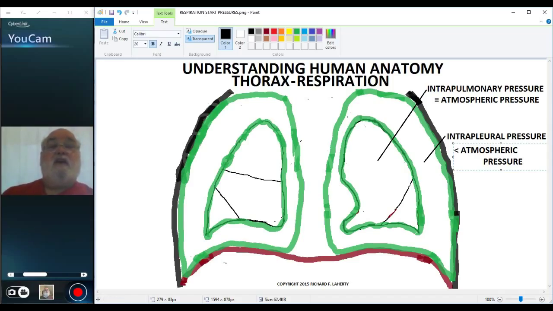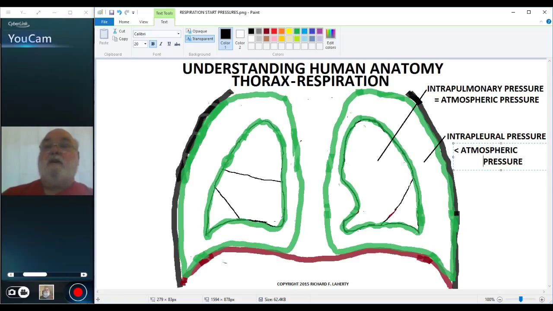So we can say that intrapulmonary pressure is greater than intrapleural pressure. Intrapleural pressure is less than intrapulmonary pressure.